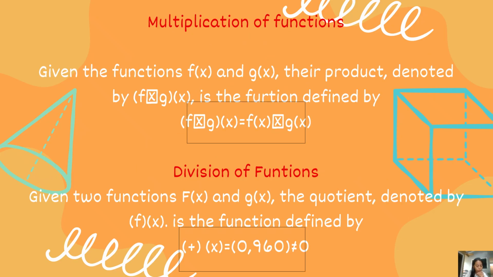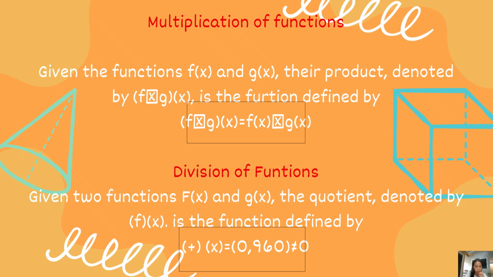So moving on to multiplication of functions, the product of the two functions. Given the functions f of x and g of x, their product, denoted by f times g of x, is the function defined by f times g of x is equal to f of x times g of x.